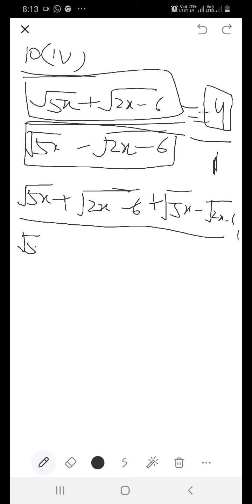A is this complete term. This is your complete a. When you are going to take minus b, under root 5x will become minus, and this minus under root 2x minus 6, because of subtraction, will become plus.